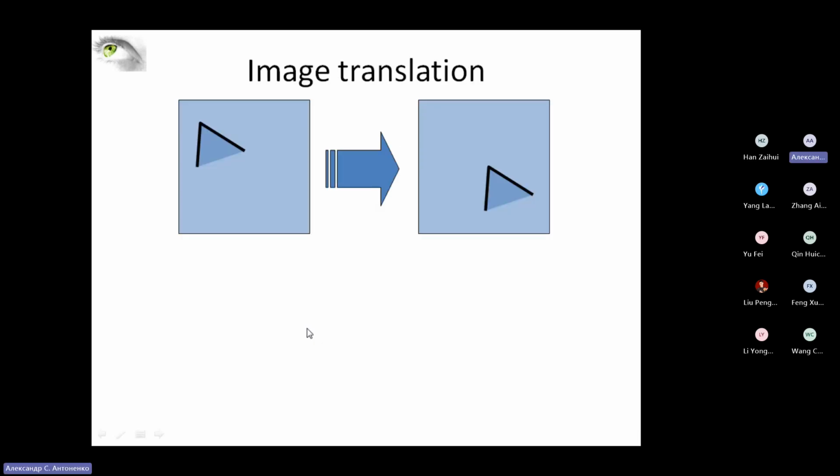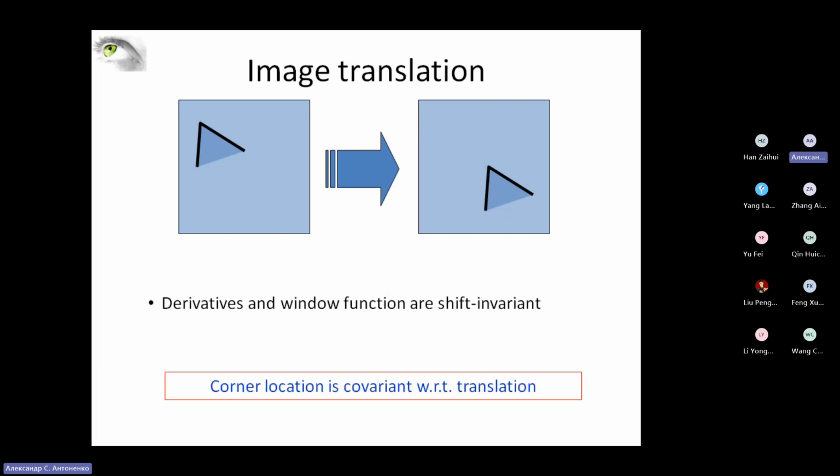So let's consider image translation. Derivative and window function are shift invariant. So the derivative doesn't depend on where it is situated, in which part of the image. So we conclude that corner location is covariant with respect to translation.